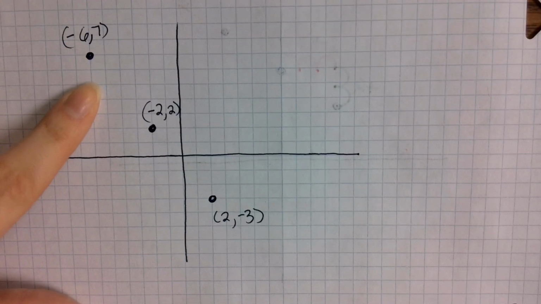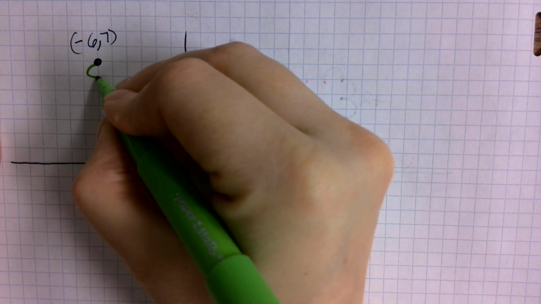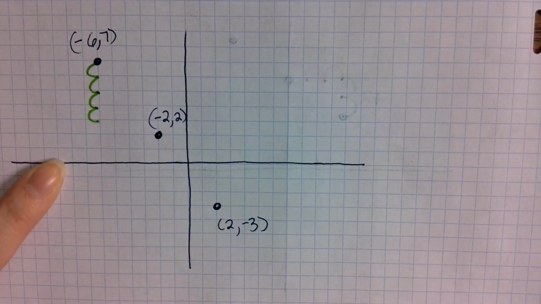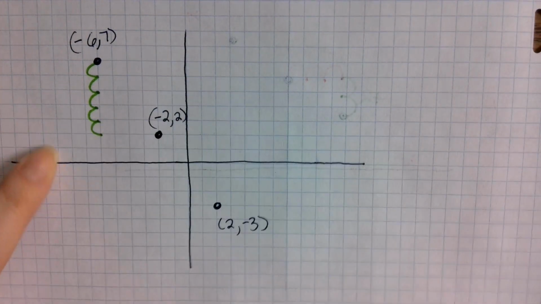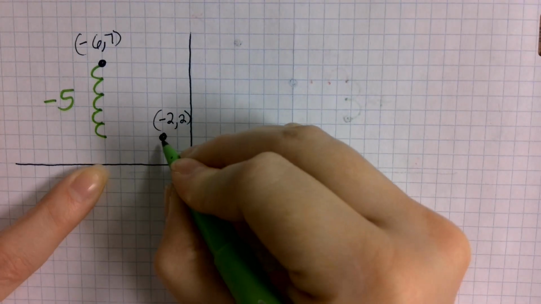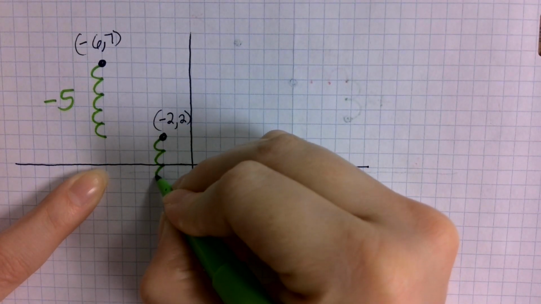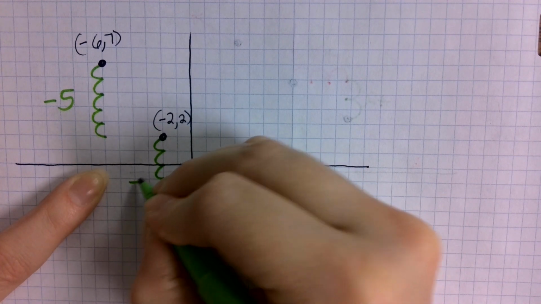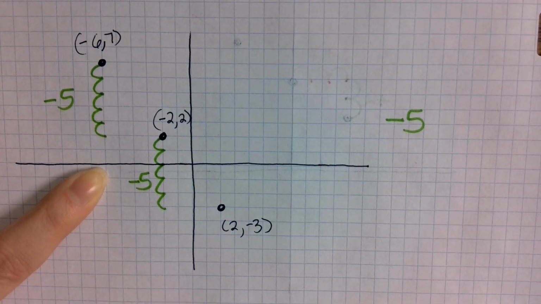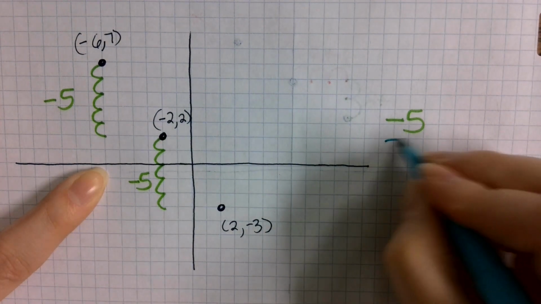Let's count. 1, 2, 3, 4. Nope, not enough. 5. So we are decreasing by 5. Same thing here, decreasing 1, 2, 3, 4, 5. We are decreasing by 5, so that's a negative 5 for my change of y.